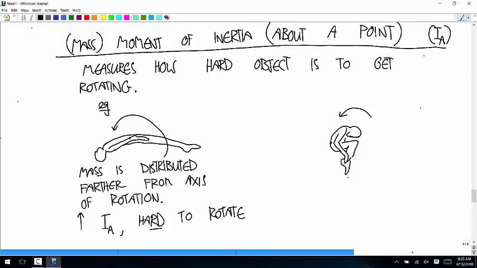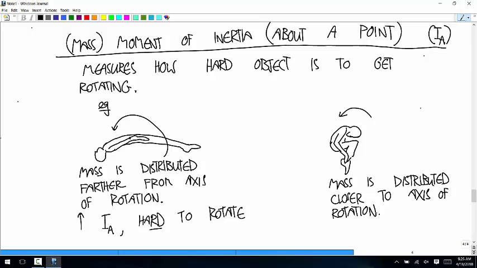In the tuck position, the mass is distributed near the axis, closer to the axis. And so that's a smaller value of I sub A, and that's easier to rotate.